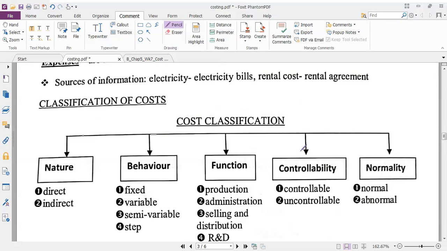Material can be direct and there is also indirect material. Okay, what is direct and indirect?